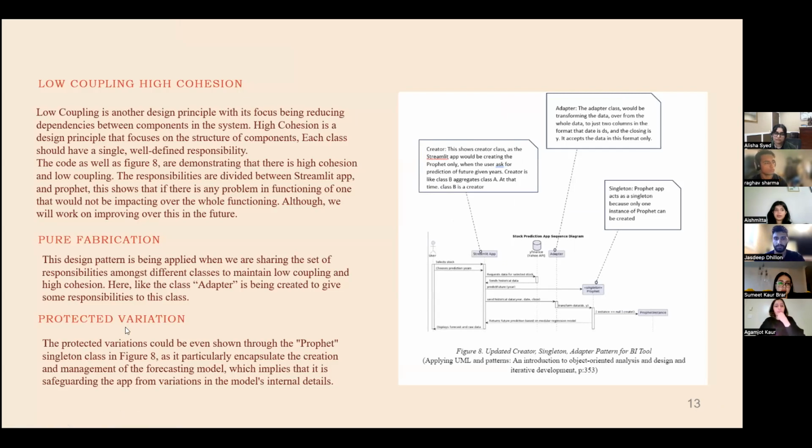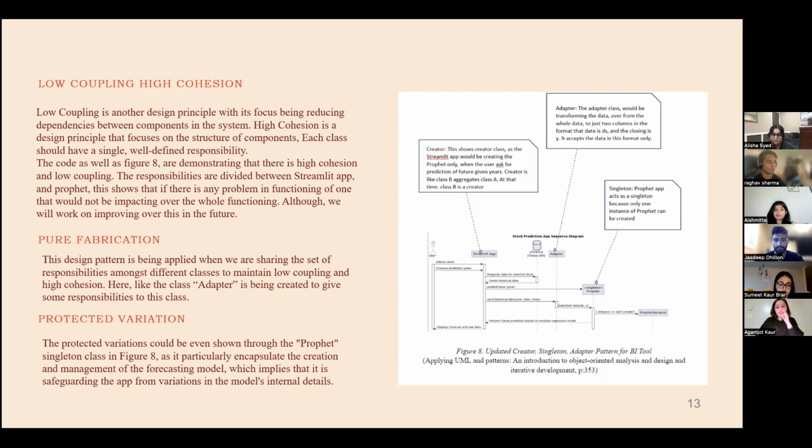So next up, we have the low coupling and high cohesion. So this is another design principle which focuses on reducing dependencies between components, which is very important since if the system has low coupling, it means that they're not dependent on each other, which means that if one of the system fails, then the others can handle their own part and the entire system doesn't crash.